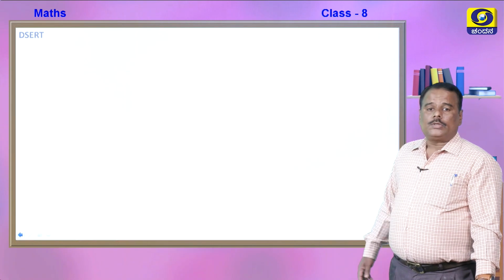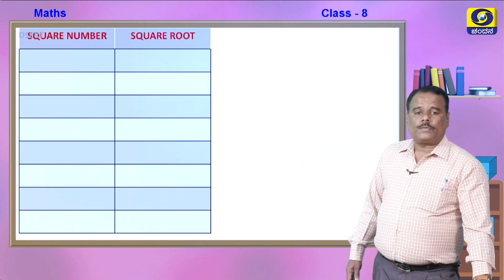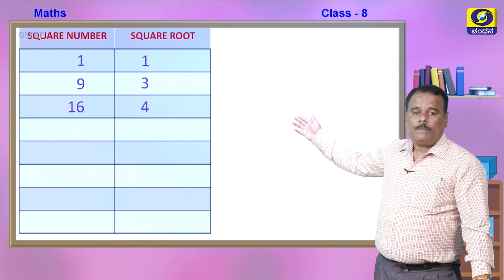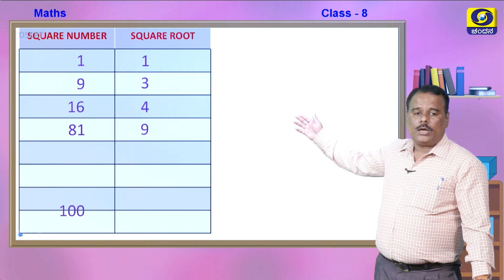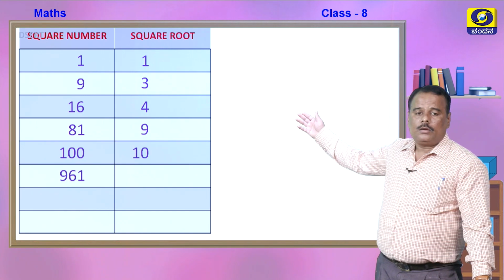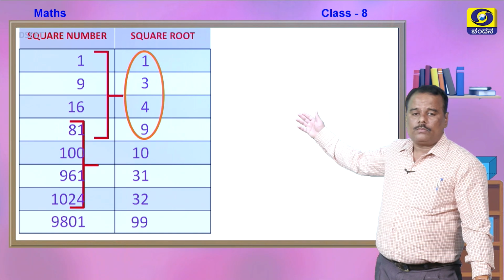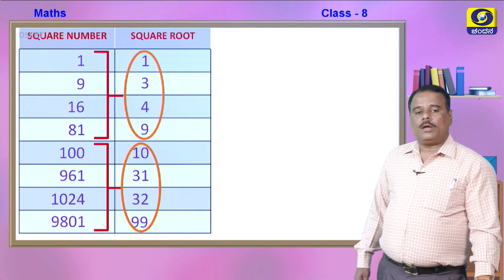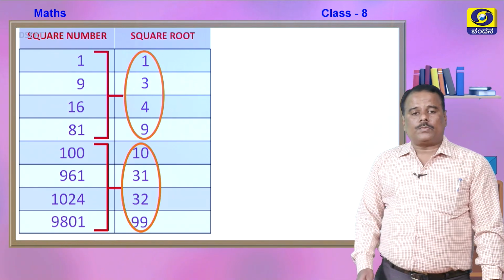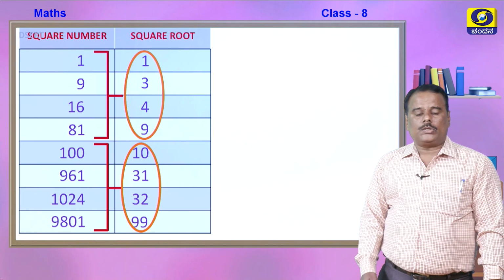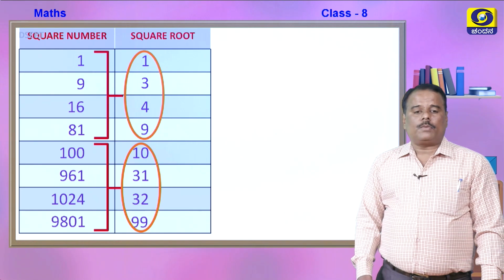Again we will see a list of square numbers and their square roots. Square root of 9 is 3, square root of 16 is 4, of 81 is 9, of 100 is 10, of 961 is 31, square root of 1024 is 32. So, we have started from the smallest one digit perfect square and we are having the largest 4 digit perfect square number.